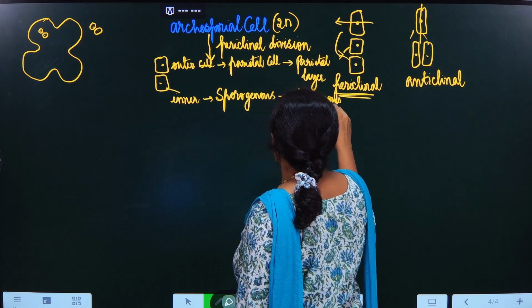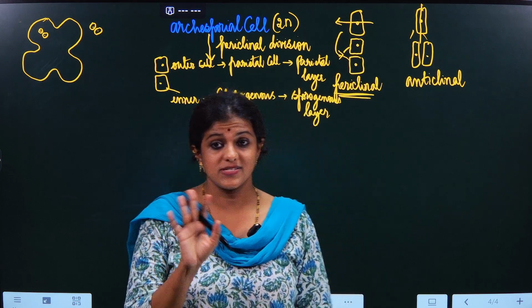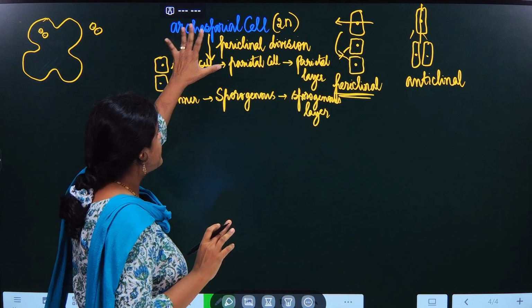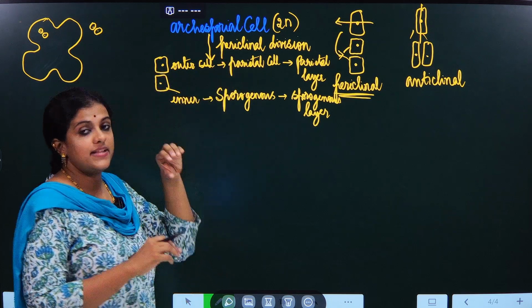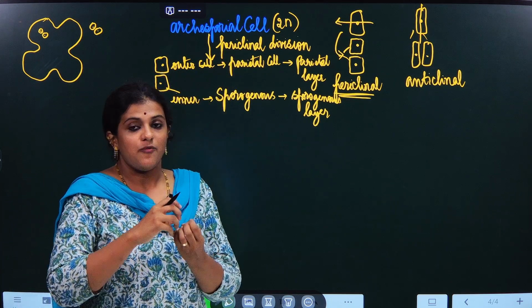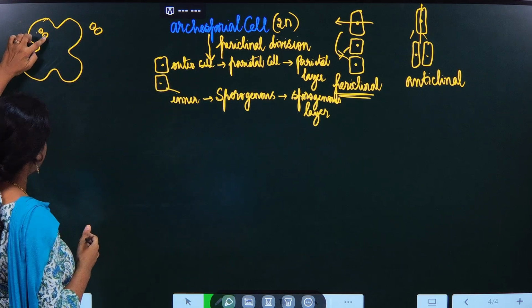Remember children, in these cases the division is mitosis, meiosis has not occurred yet. So the archisporial cell is undergoing periclinal division, wherein two cells are formed, one on the outer side and the other on the inner side. You can see here outer cell and inner cell.